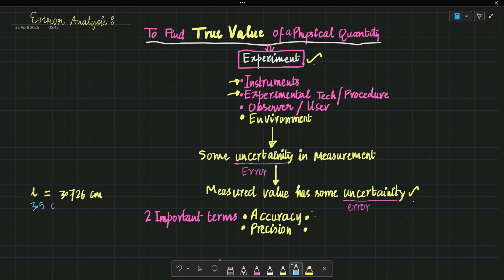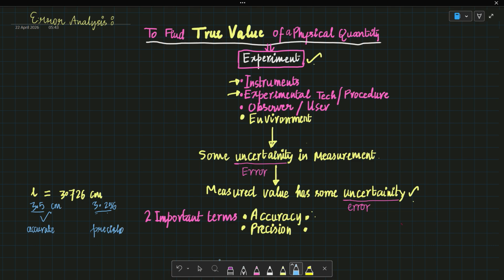We have done an experiment, and by one experimental procedure we have found the value to be 3.5 centimeter, and by another procedure we have found 3.256. So we will say that this 3.5 centimeter is more accurate, and this 3.256 is not more accurate, but it is more precise. So this has higher precision but less accuracy.